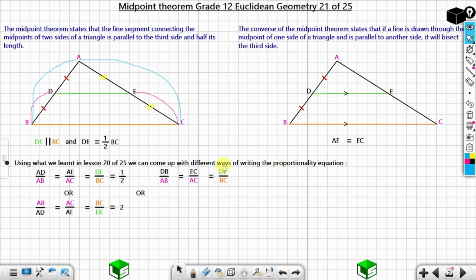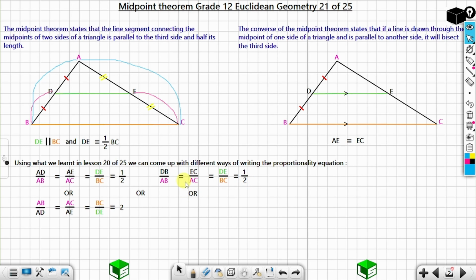DE is smaller compared to BC, so you're going to have smaller over bigger, DE over BC. This is equal to 1 over 2.